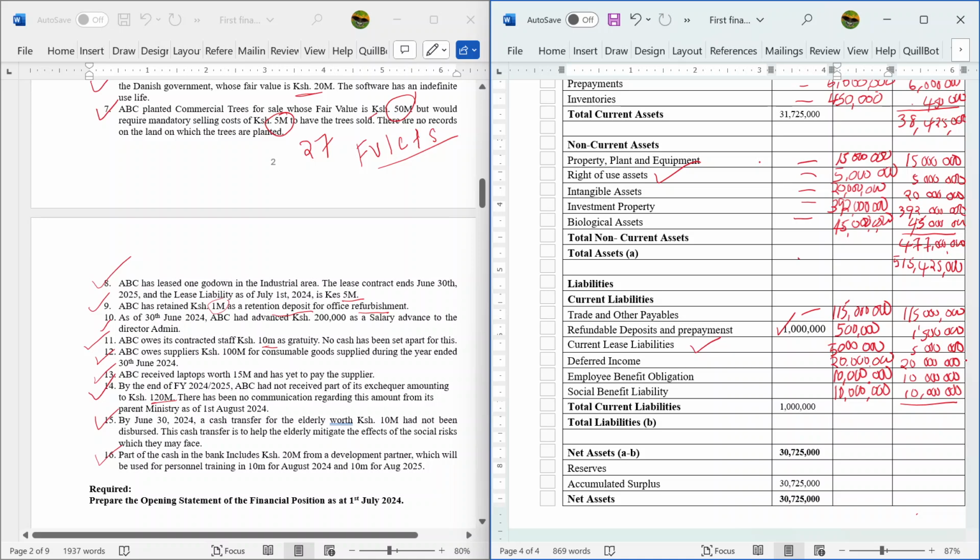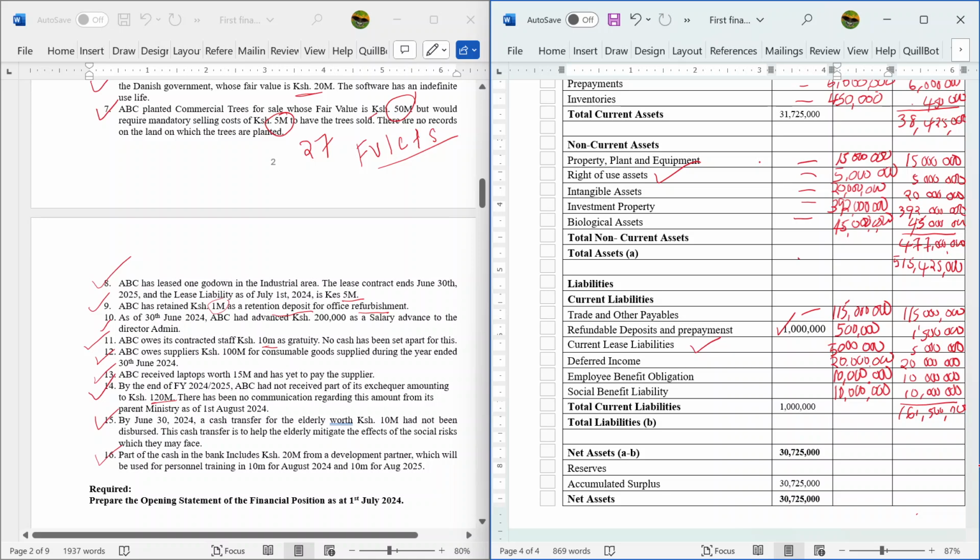Let us again do the calculation. 115 plus 1,500,000 plus 5 million plus 20 million plus 10 million plus 10 million. That is 161,500,000. So our total assets was 515,425,000 minus 161,500,000.